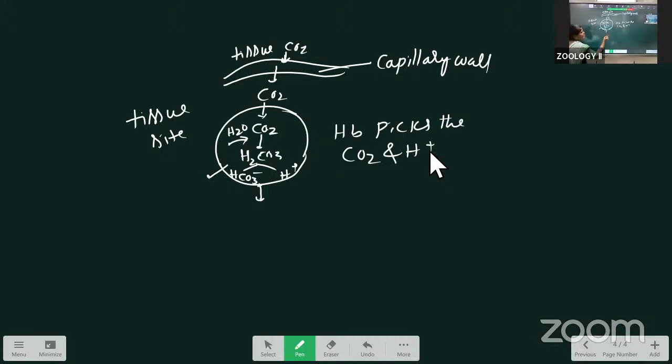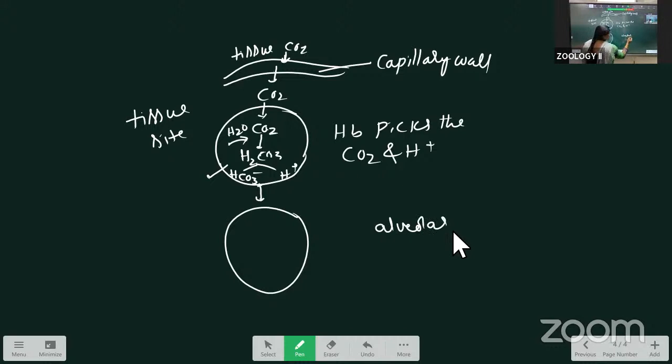Next is the HCO3. This is present in the alveolar or lung place, or otherwise write it as the lung site.